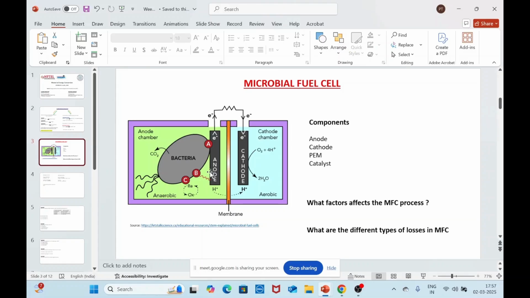Can anybody tell any example of a direct transfer bacteria or direct transfer microbes which is used in the microbial fuel cell process?